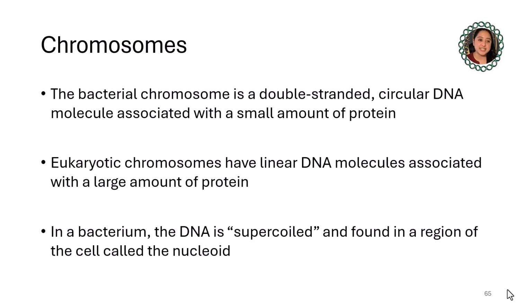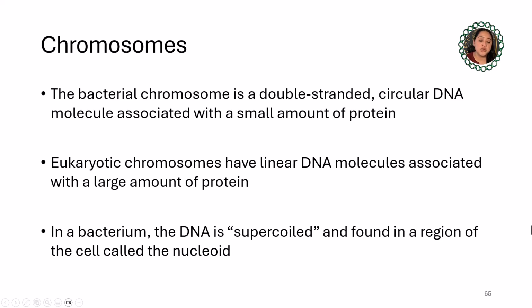So lastly, tying DNA back to the idea of chromosomes, the chromosomal basis of inheritance and the molecular basis of inheritance. The bacterial chromosome is a double-stranded circular DNA molecule associated with a small amount of protein.